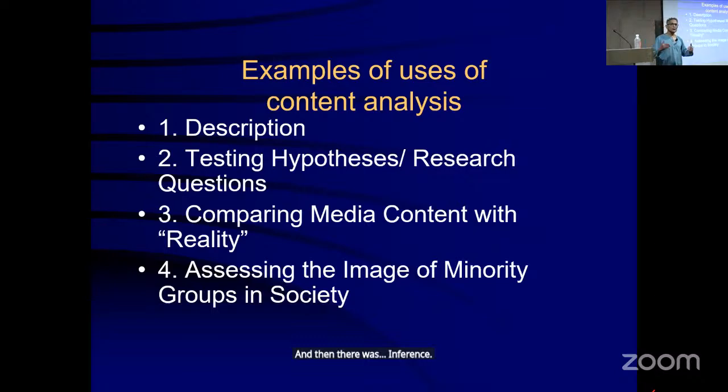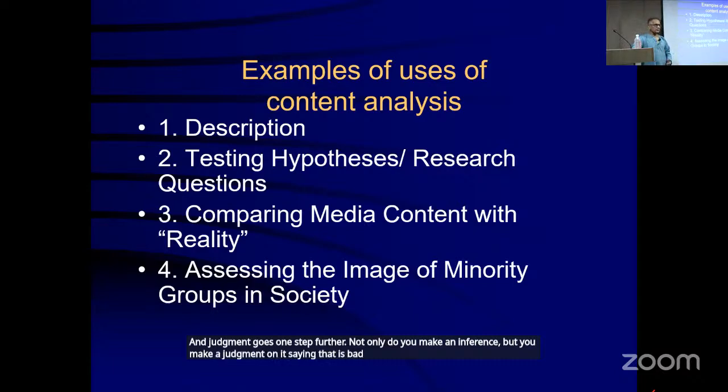Inference is where the journalist, looking at the facts, will make some guess of what that is. That's an inference. And judgment goes one step further. Not only do you make an inference, but you make a judgment on it, saying that is bad, that is corrupt, that is good, etc.